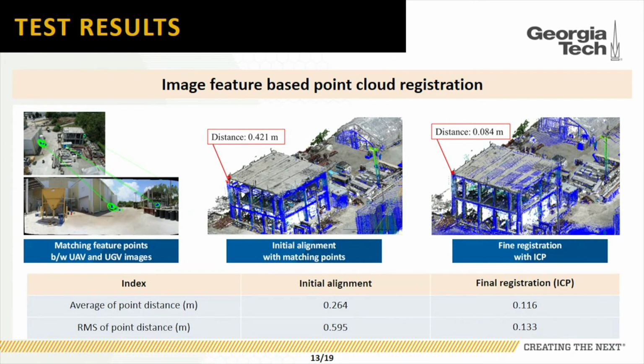The true color data set shows the point cloud from the UAV, and the blue one is from the UGV. And in the fine registration, eventually the registration error is 0.1 meters.